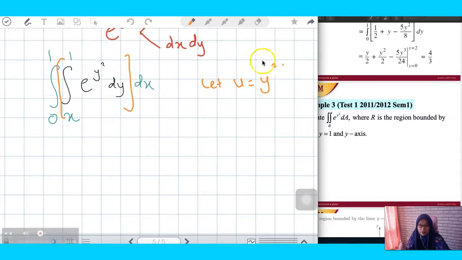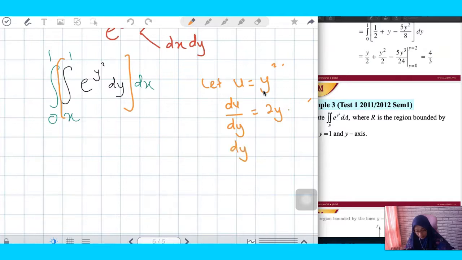How can you replace that? You can get dy from this expression where you need to differentiate. So du/dy will give you 2y. So you need the dy, right? So dy equals du over 2y.